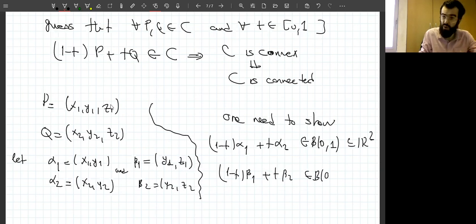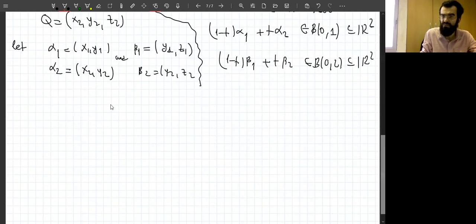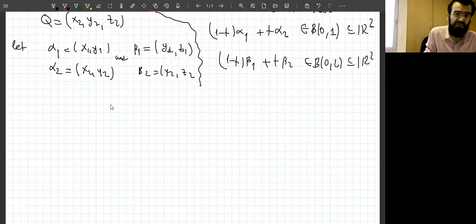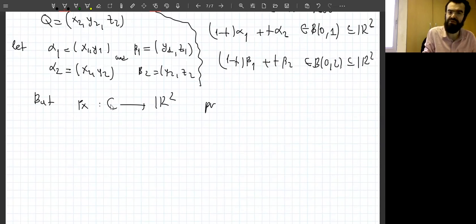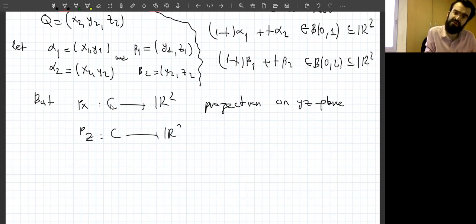Now, I am using these projection maps from R cubed to R squared, a projection on the YZ plane, and a projection on the XY plane.